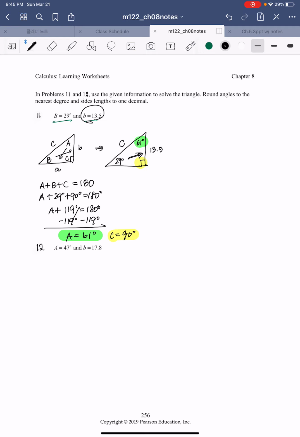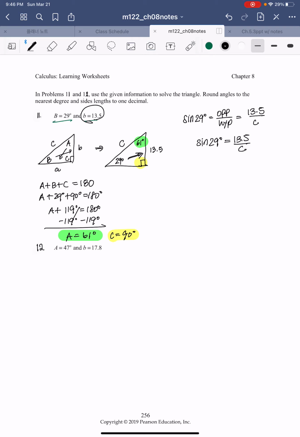Then you can set up sine of 29 degrees, which is opposite over hypotenuse, 13.5 over c. Okay, so sine of 29 is 13.5 over c.